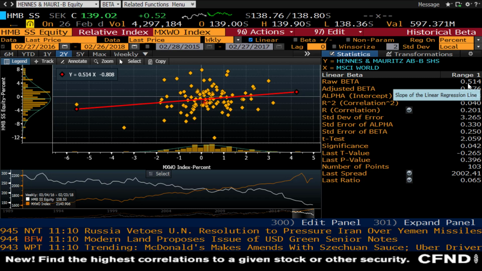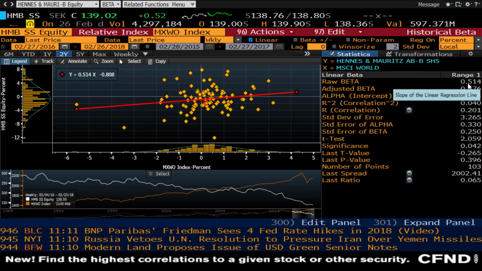So in this case, 0.25 multiplied by 2 is 0.5. So 0.5 minus the raw beta and then plus the raw beta gives you the lower bound and the upper bound. So you're 95% confident the beta is between 0 and 1. That's not really that assuring. But that's effectively what we're doing here.